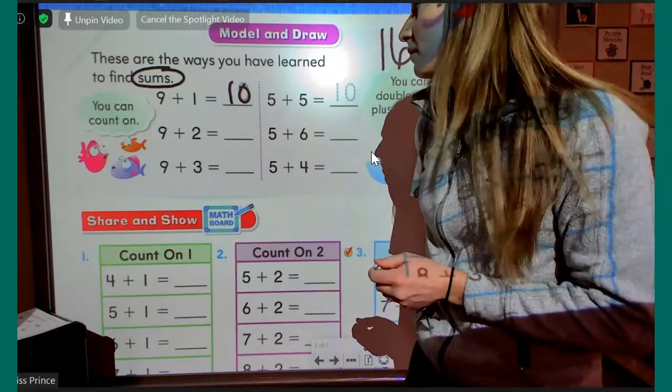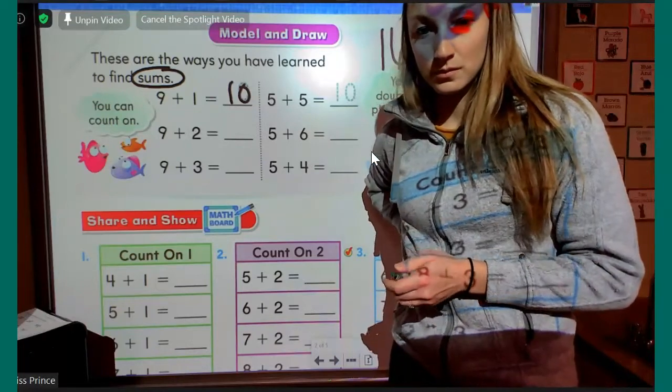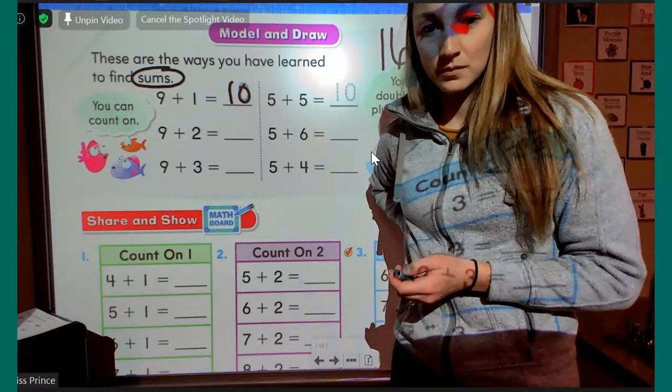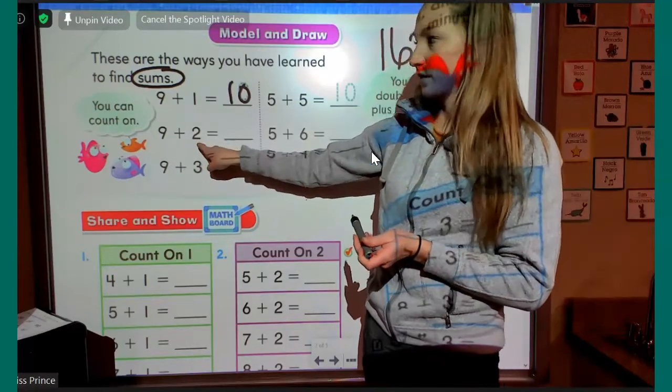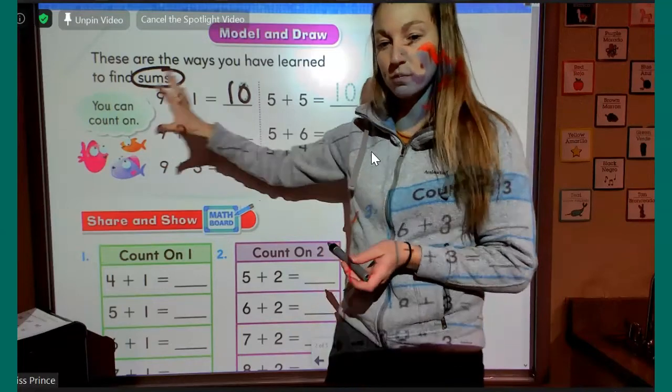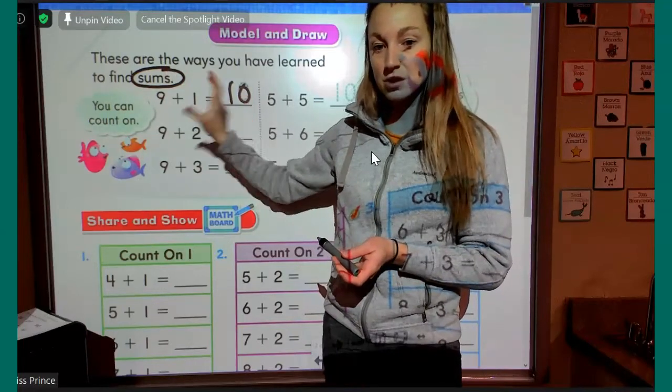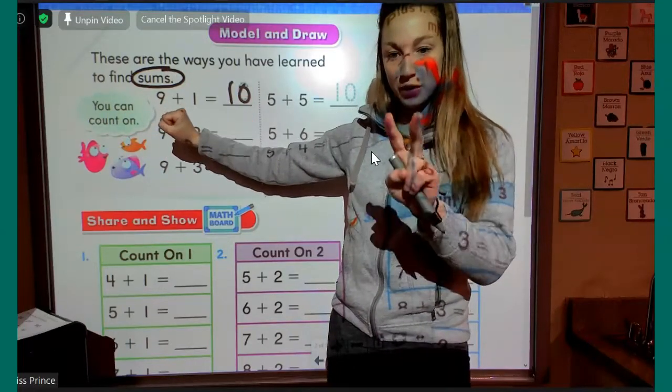Alakai, can you tell me 9 plus 2? 9 and 2 more. We're just counting on, so we scoop up 9. These are the ones we can scoop up, and then add 2 more.